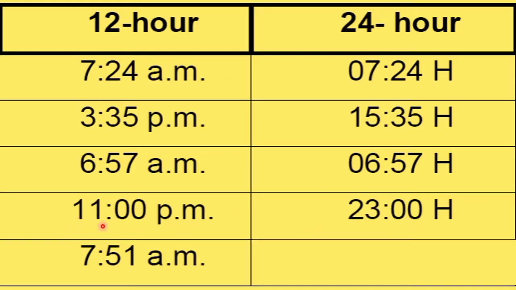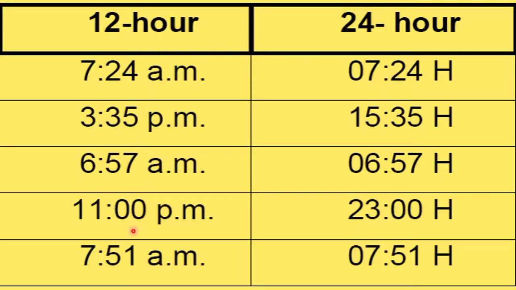Nag-add tayo ng 12 kasi nasa PM siya. And then the last one is 7:51 a.m. Its equivalent is, great, it's 07:51 hours. So, we just copy the 7:51 and nagdagdag lang tayo ng 0 dun sa unahan.